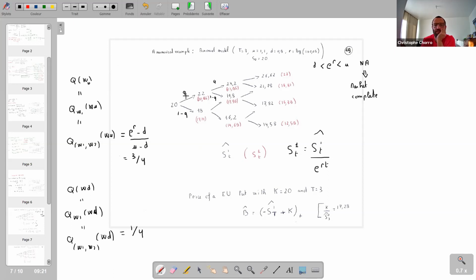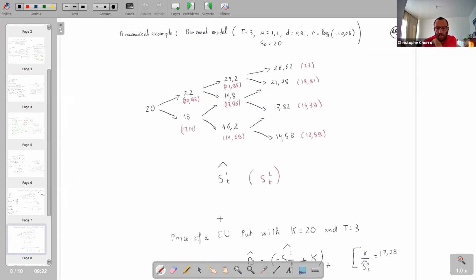So meaning that for Q, I have 3/4: the probability to pass from one state of nature to the increasing state of nature is 3/4 for any period, and 1/4 for the decreasing state. So let's continue. I want to price in this situation.